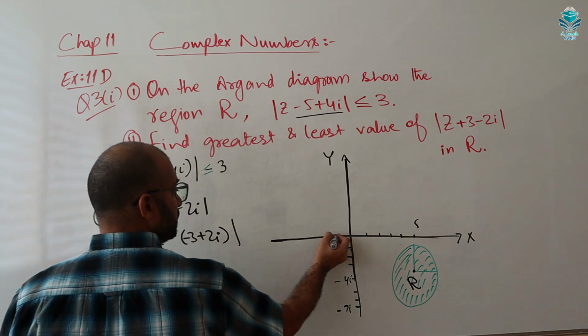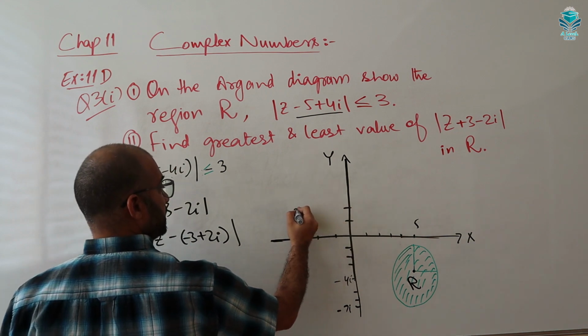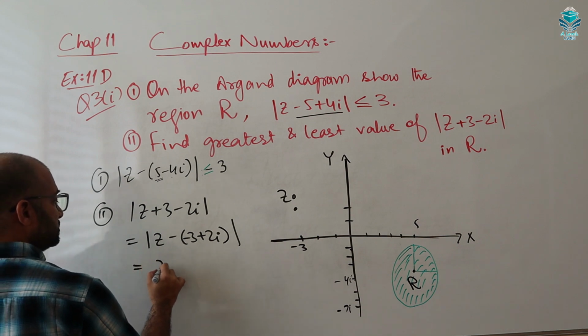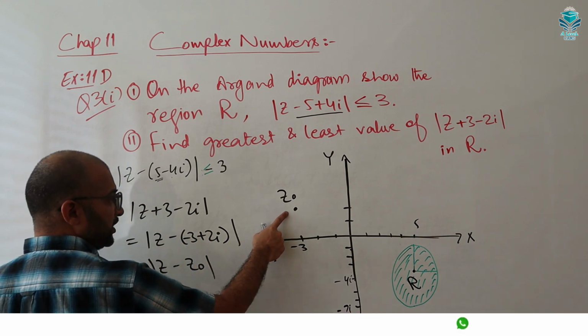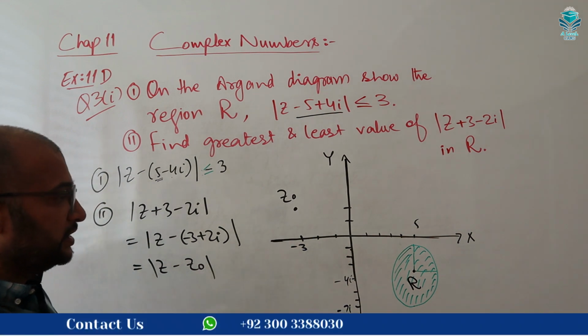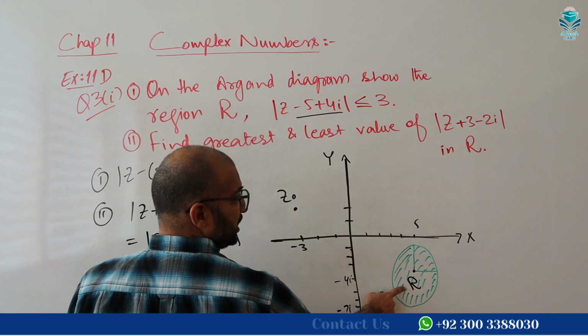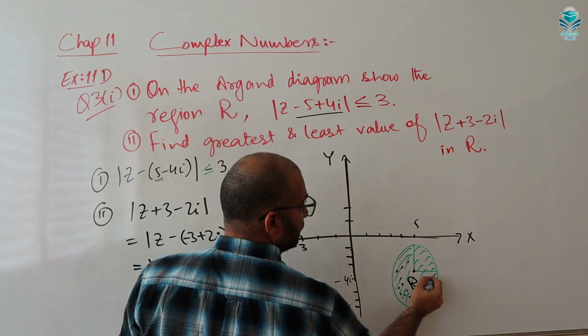So it means 1, 2, minus 3, and 1, 2, 2i. This is a point, let's say this is z0. So I can write it as z minus z0, where z0 is minus 3 plus 2i. We have to find the least and the greatest value for the region R. Every point that lies in this region is z.